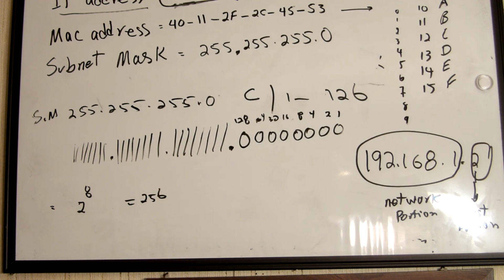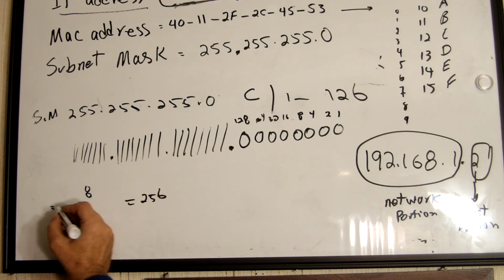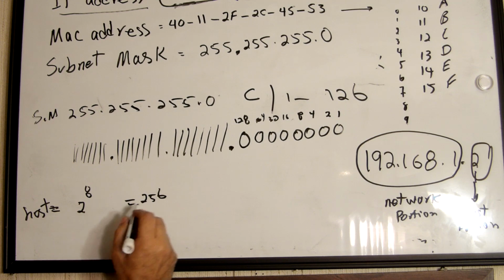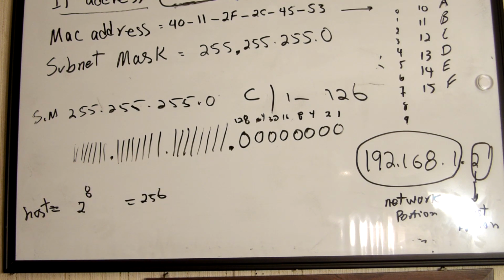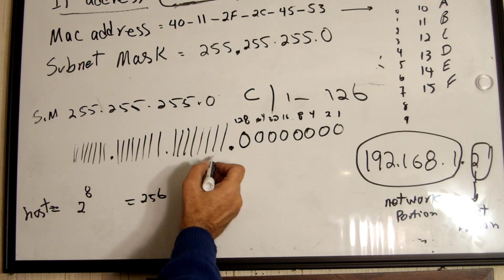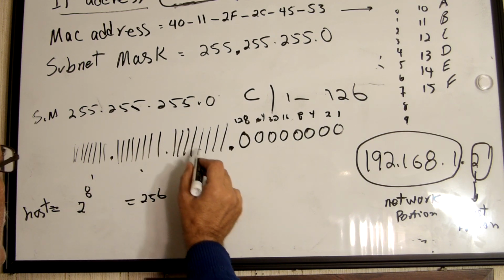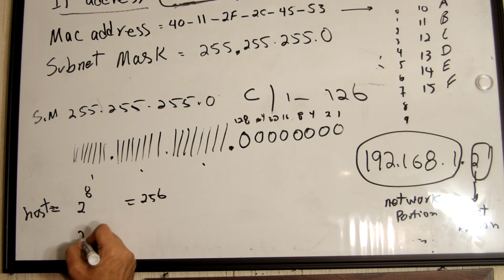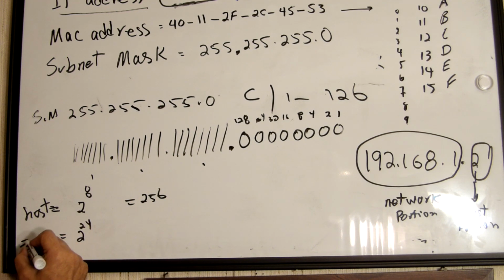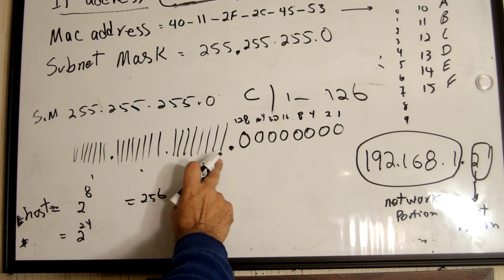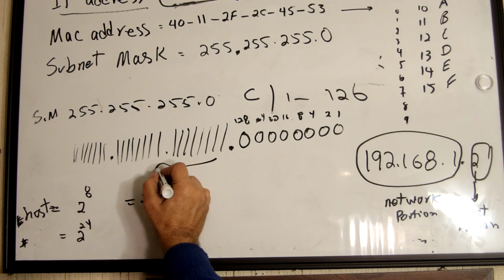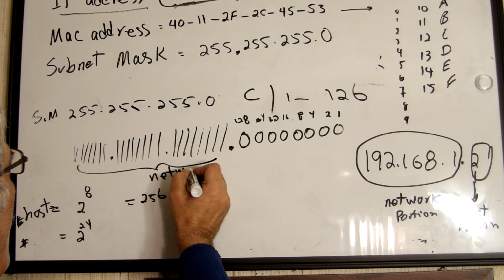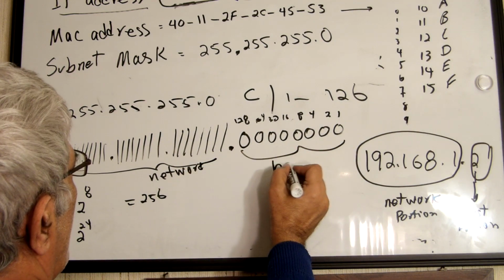Okay, and this is the host. Now, this is going to be minus 2, but let's not talk about that right now. And there are 1, 2, 3, 8, 24 bits for the network. 2 to the power of 24 is the number of networks. You have this much for network, and this is for host.